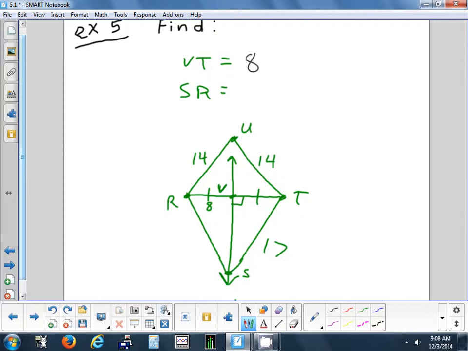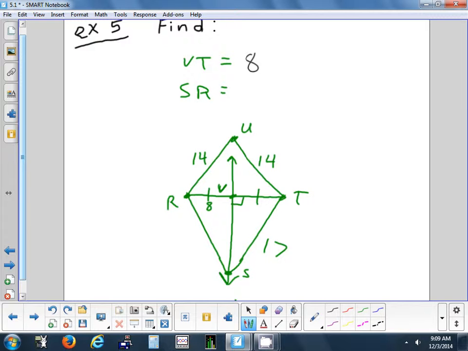Okay, that is true. How do you know it's half of RT? That's not given up above or anything. Bisected, perpendicular. Yeah, we know it bisects it because you got a congruence mark on VT and VR. They're the same length. And if VR is 8, then VT has to be 8. Okay, so that's 8.